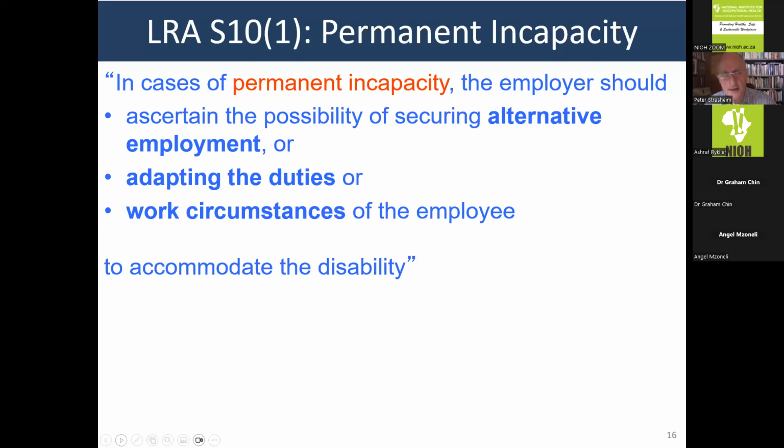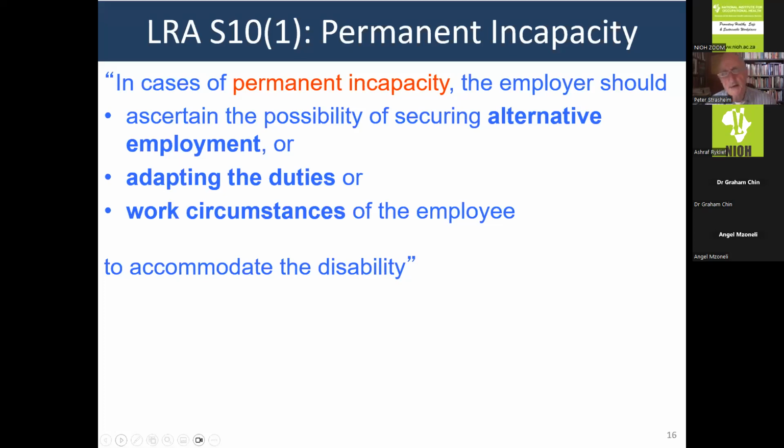Where there's doubt about that, then you would hire an occupational medical practitioner to determine that in order to do what? To accommodate the permanent disability of the employee. So you see the difference. A permanent incapacity may not and often does not mean permanent inability to do the job. It's a crucial distinction which many lawyers, advocates, HR practitioners, IR practitioners who do incapacity investigations miss. That permanent incapacity doesn't mean permanent inability to do the job because of the right to reasonable accommodation of disability.